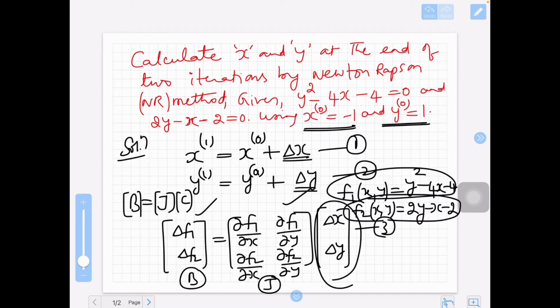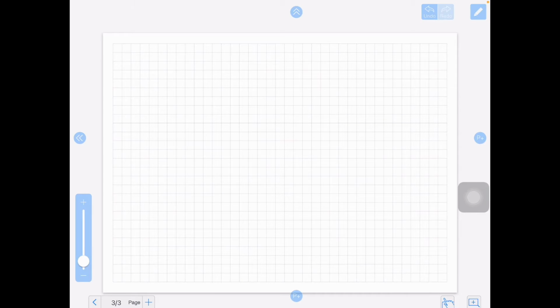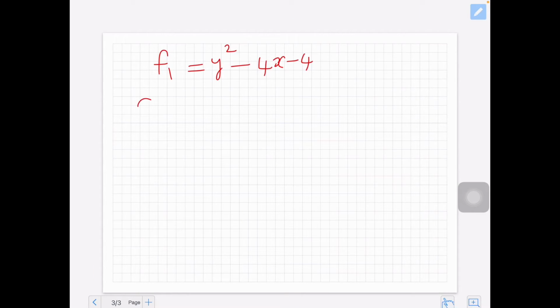As you observe, we found the B matrix elements. Now it is required to find the individual elements of the J matrix. There are 4 elements. For finding dou F1 by dou x, we have the F1 equation, F1 = y square minus 4x minus 4, and we partially differentiate it with respect to x and with respect to y.